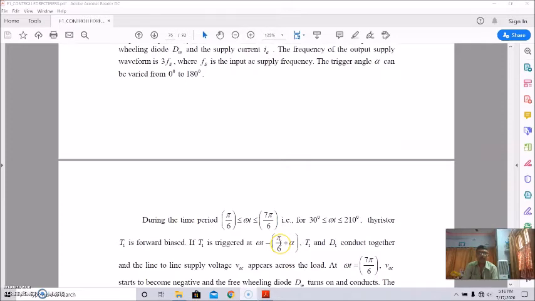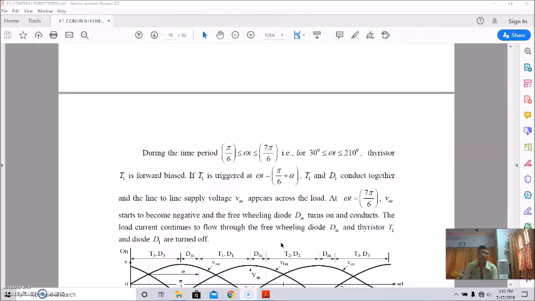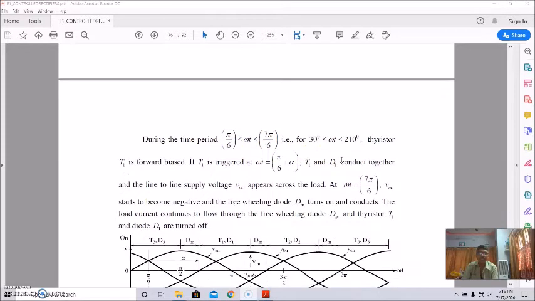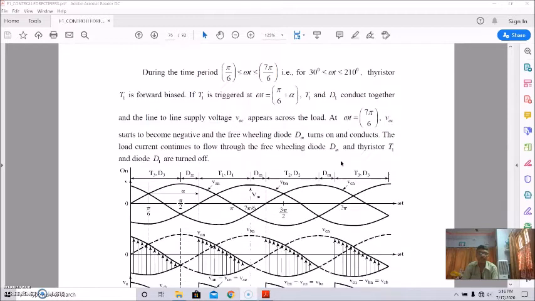During the time period omega t from pi by 6 to 7 pi by 6, that is from 30 degrees to 210 degrees, thyristor T1 is forward biased.